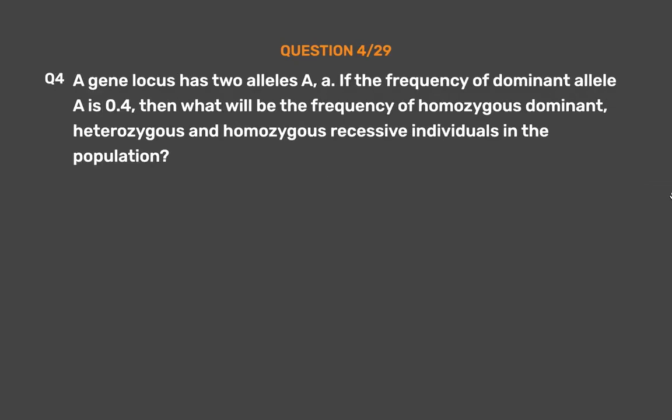Question number 4. A gene locus has two alleles A and a. If the frequency of dominant allele A is 0.4, then what will be the frequency of homozygous dominant, heterozygous and homozygous recessive individuals in the population? Option A. 0.16 AA, 0.24 Aa, 0.36 aa.